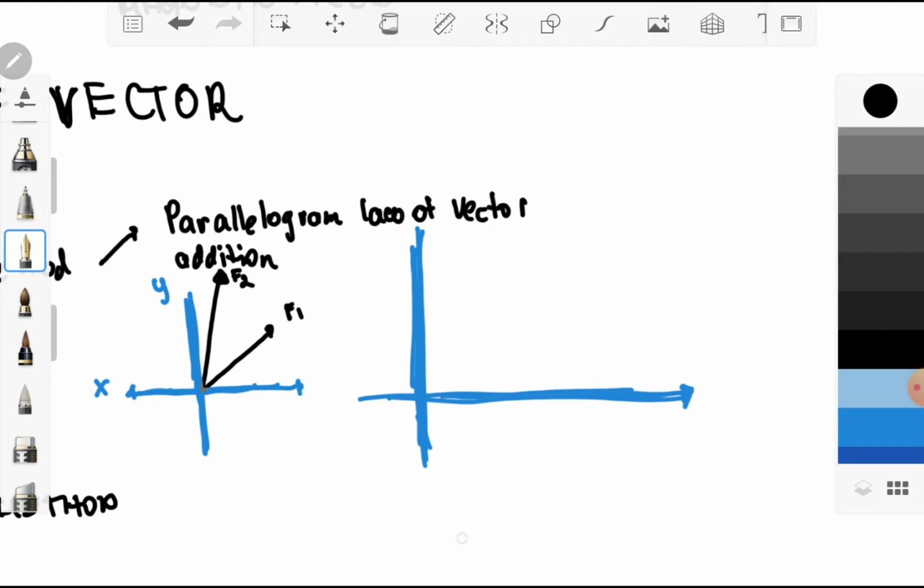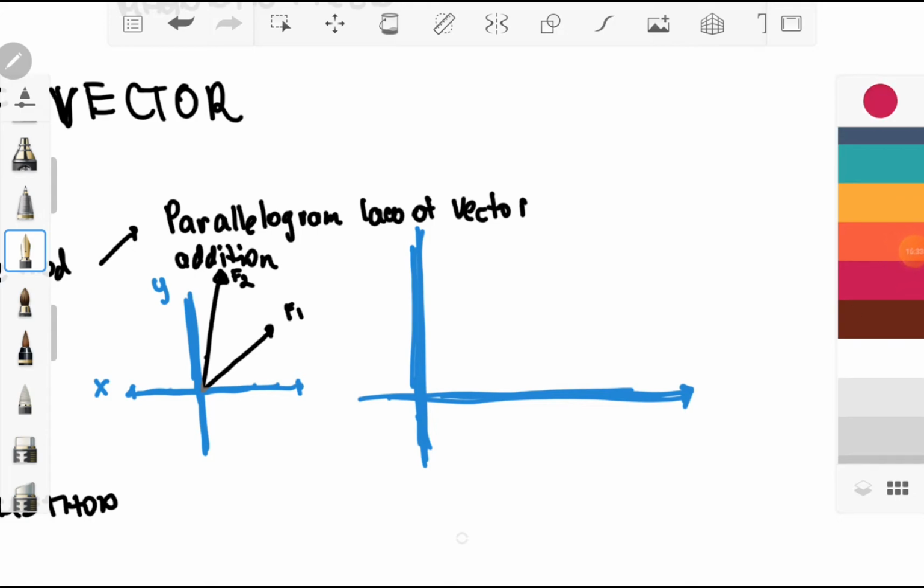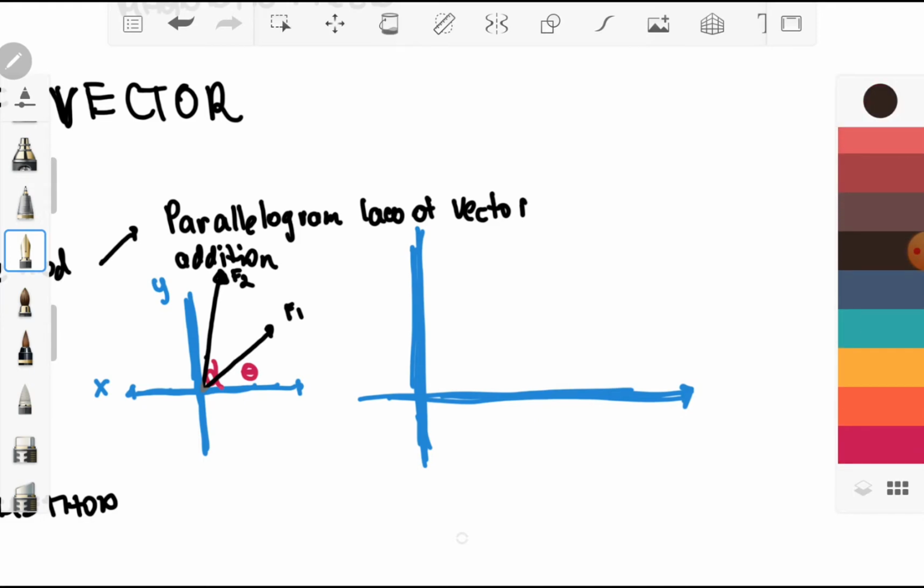Let's say F1 has an angle alpha, and F2 has an angle theta. In the parallelogram law, we would create a projection of this F1 and F2.